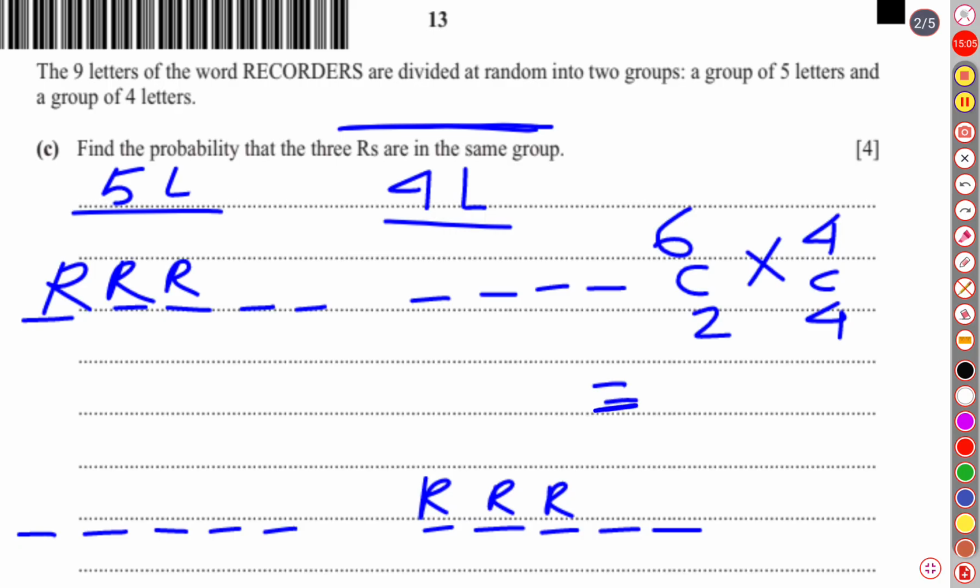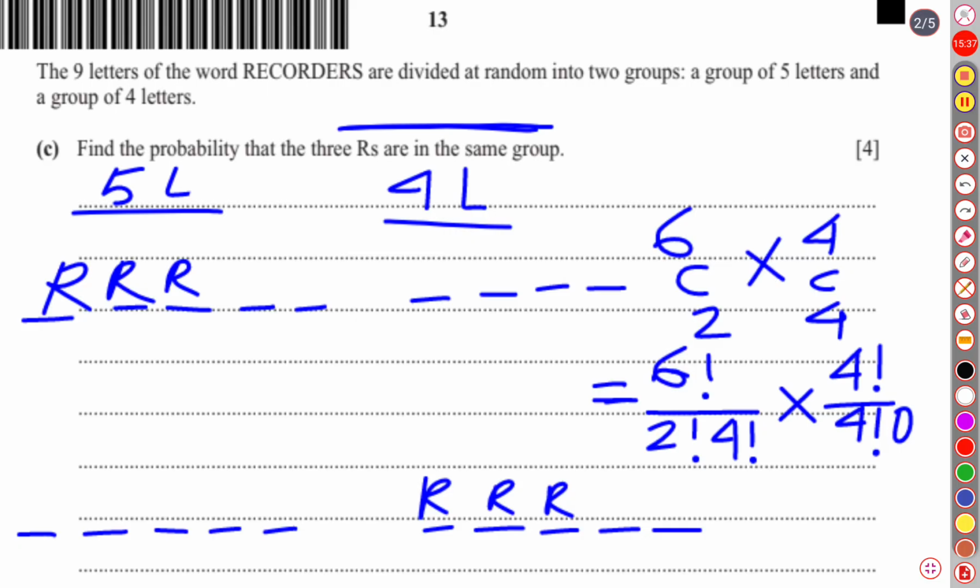So finally it is going to be what? If 2 letters are chosen from 6, it is going to be 6 factorial over 2 factorial as well as 4 factorial. Okay, and 4 choose 4: if you choose 4 numbers out of 4 numbers, it is actually nothing but 1. Yet I can write it as 4 factorial over 4 factorial into 0 factorial.